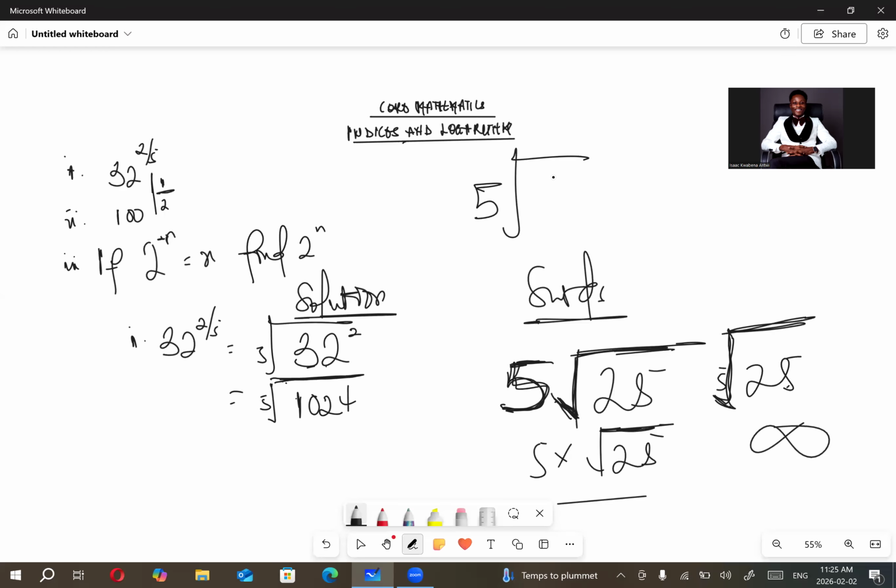When you are done, then you can find the fifth root of 1024. You have to learn how to use a calculator. Let me know if someone has a question on how I was showing you to punch the fifth roots from your calculator. Fifth root of 1024, what are you getting? It's 4. And that's the answer.